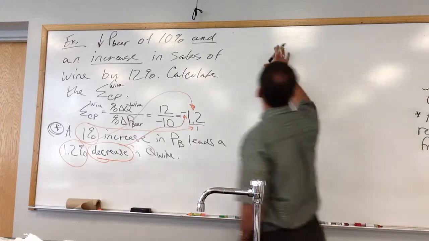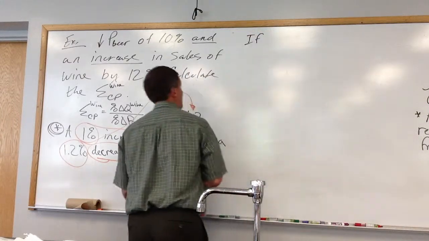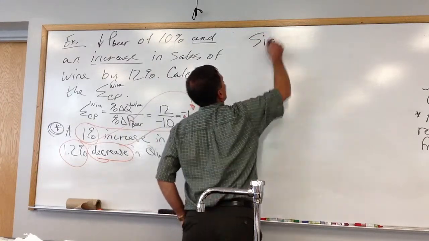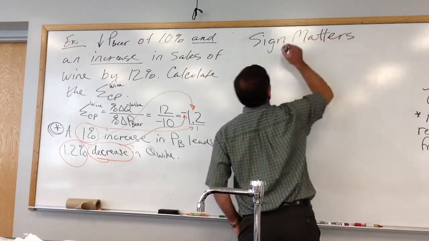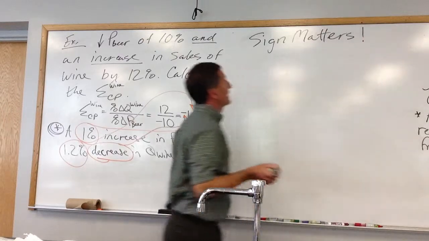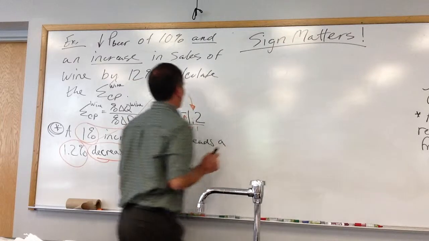Let me put the general here then. So first of all, let me just put a big sign matters. Maybe sometimes size matters too, but not in this case. The sign matters. All right.